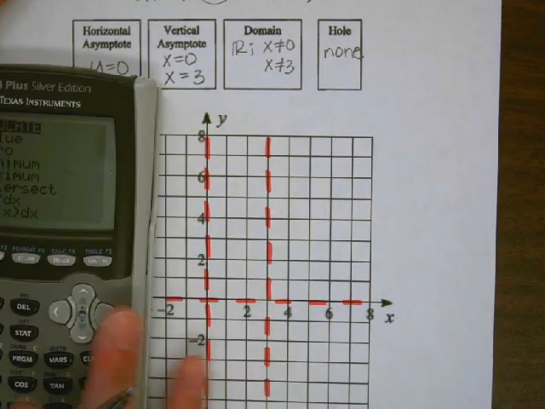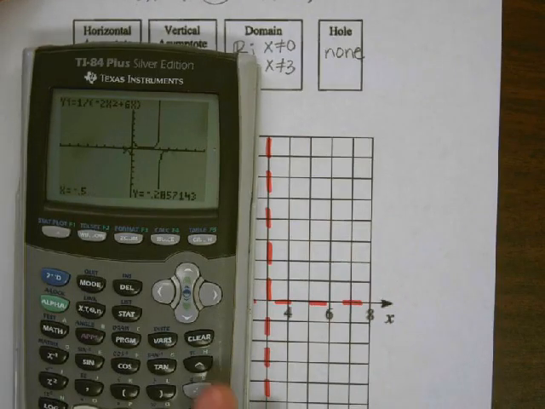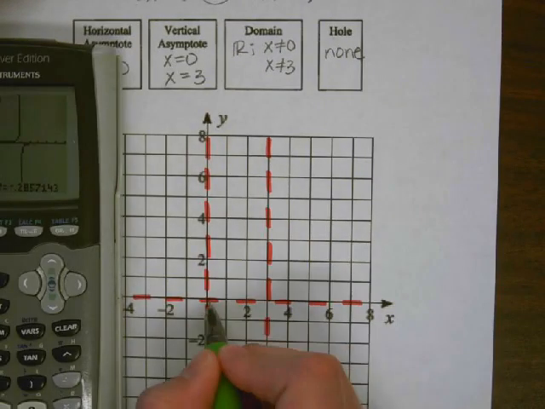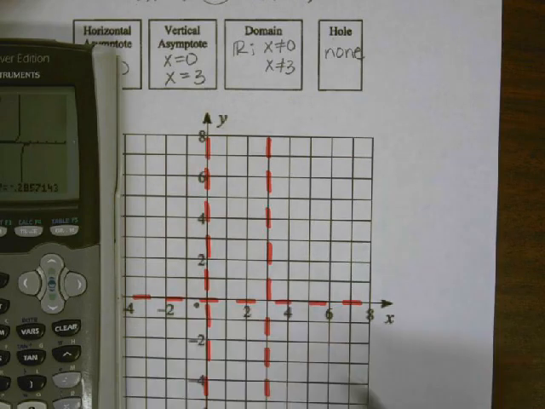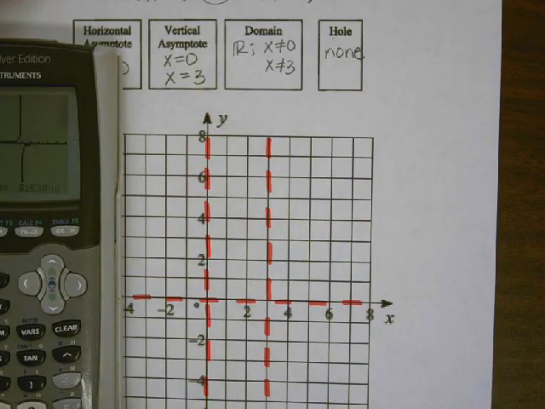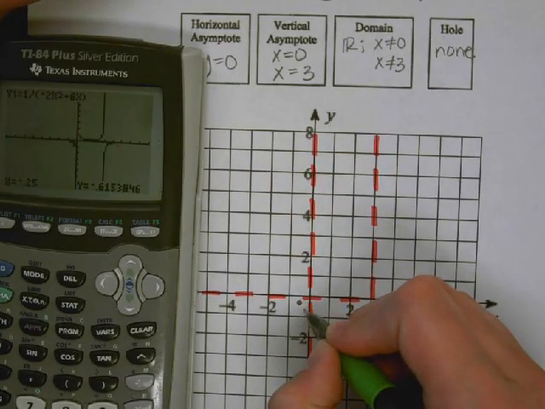I want to know what's happening to the left of 0, so I'll plug in negative 0.5. At negative 0.5, we have negative 0.28. That's like right there. What about negative 0.25? Negative 0.25 is negative 0.6.